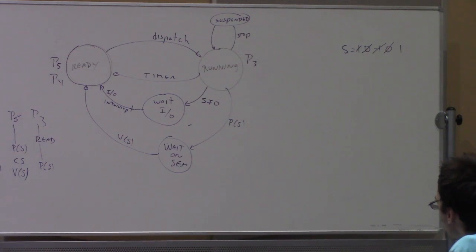If there is another process in the critical section, or you can say if the semaphore has a negative value, which means that there is another process in the critical section, the running process blocks on the semaphore queue. Otherwise, it continues running and gets into the critical section.